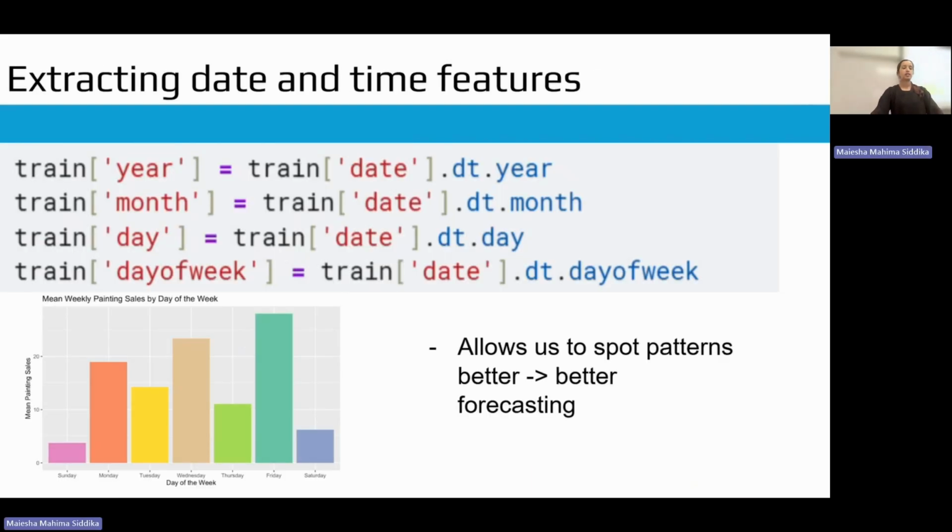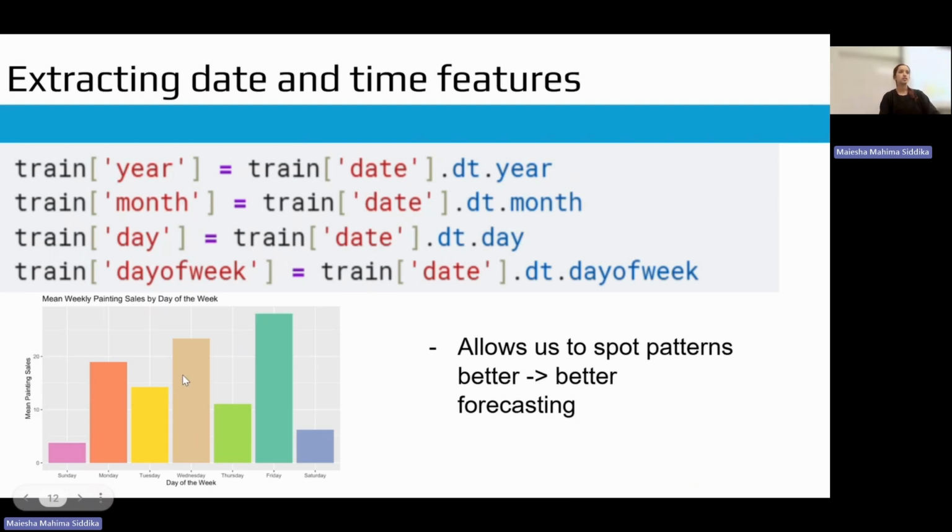Extracting date and time features. I touched on this last week and a little bit at the start, but to extract date and time features, we use .dt.year or .month or .day, and this just allows us to extract different time components. If you look at this diagram here, this is some data where the days of the week have been extracted, and on the y-axis, we've got mean painting sales.